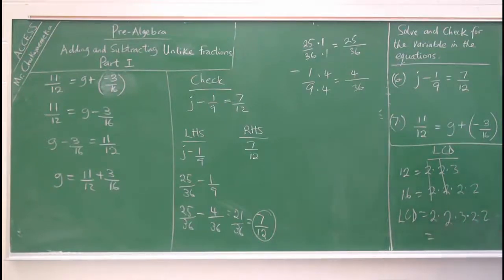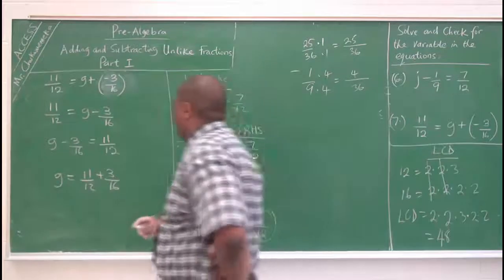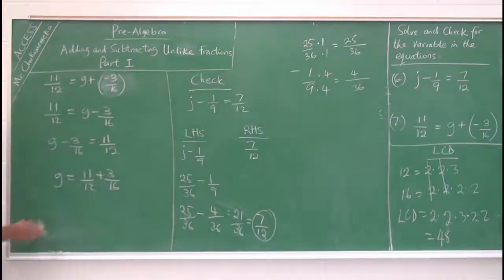2 times 2, 4. 4 times 3, 12. 12 times 2, 24. 24 times 2, 48. So we have that 11 over 12 plus 3 over 16.